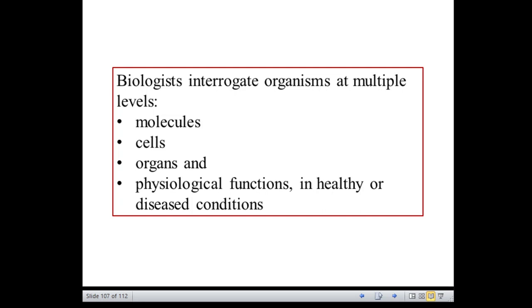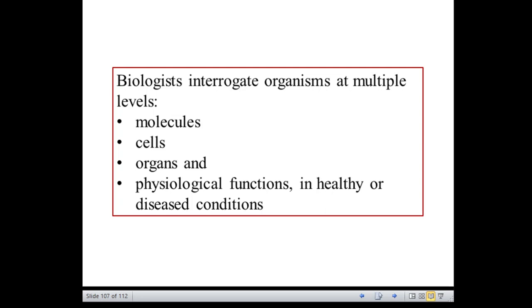So we have studies at molecules, cells, organs and physiological functions in healthy or disease conditions. All these levels of investigation are required to get a full description and understanding of the mechanisms.